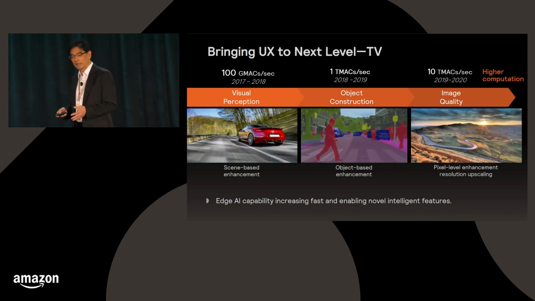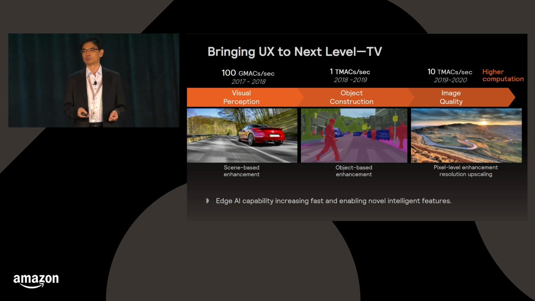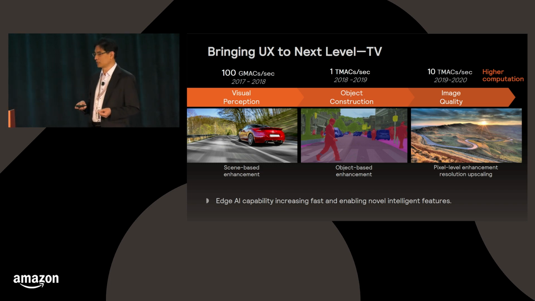Similarly, AI has been applied to improve the picture quality of TV. So this year, I expect that a scene-based approach will be available in the market. That means you don't need to set a PQ mode manually, a sports mode or cinema mode.